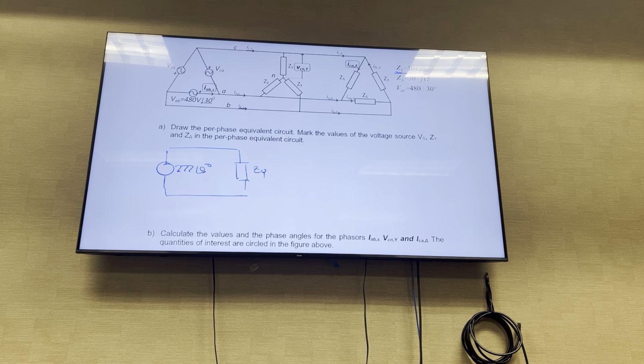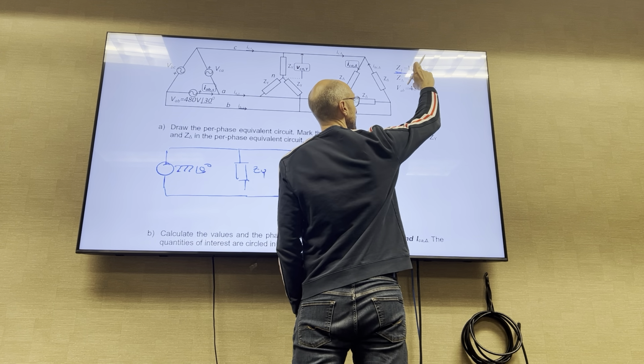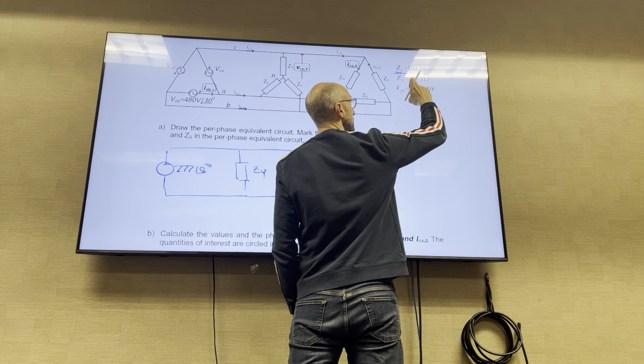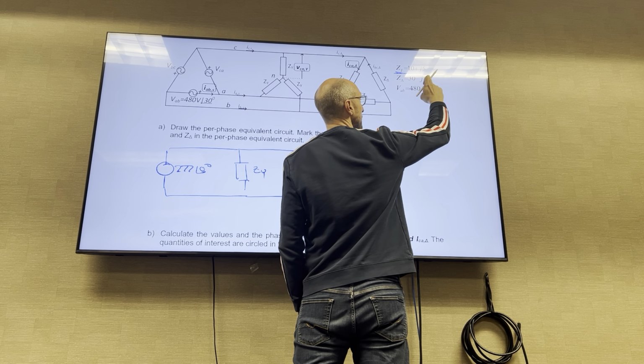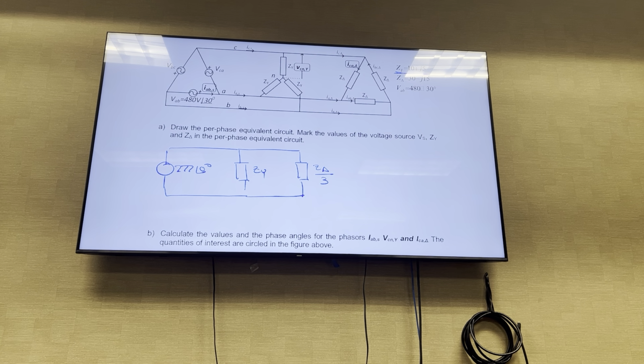And then this will be Z delta divided by 3. So in this problem, again the math should be easy, 10 plus j5, and this will be 10 minus j5.